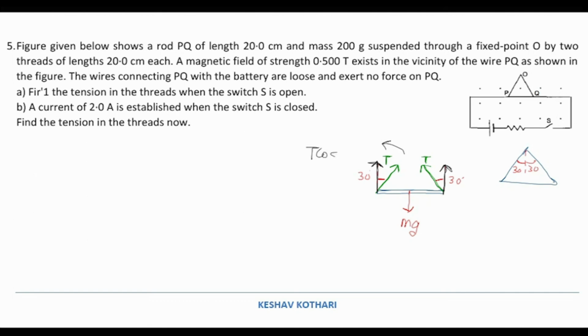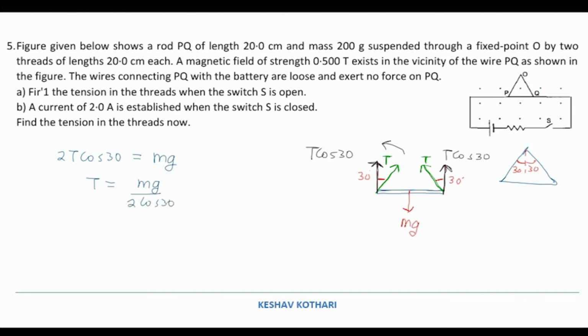Hence I say that the force in the upward direction, that is 2T cos 30, is balancing the weight which is mg in the downward direction, and hence the tension can be calculated as mg upon 2 cos 30 degree.